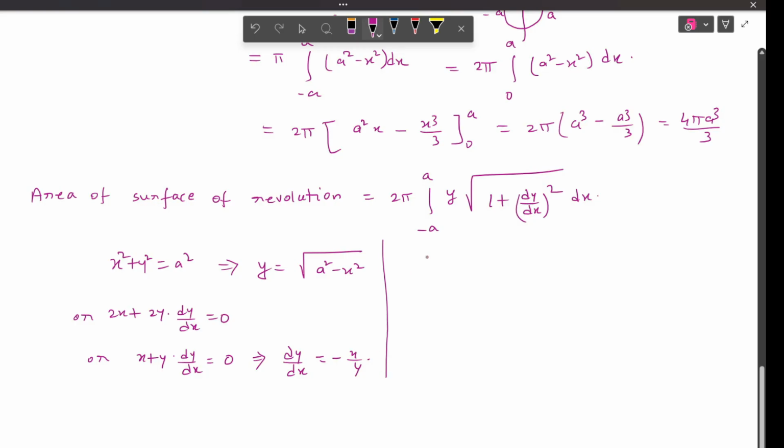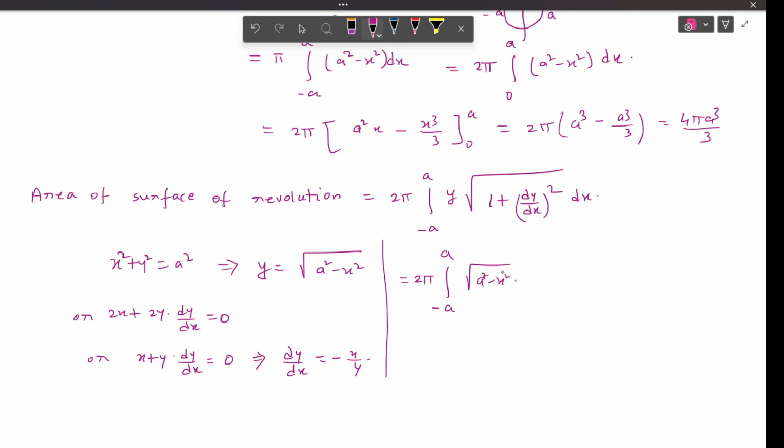So our required area would be 2 pi integration minus a to a, y is square root of a square minus x square, and this is square root of 1 plus dy by dx whole square. Dy by dx is minus x by y. Minus x by y whole square is x square by y square. Okay.